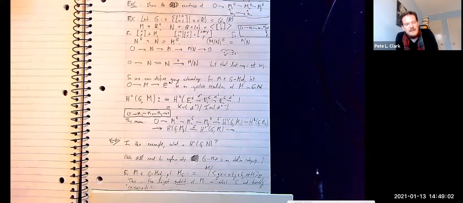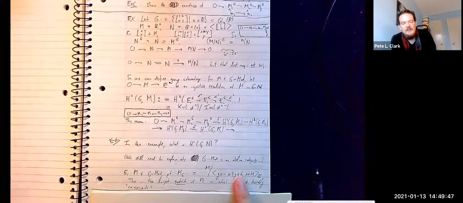Here is a different functor, still from the category of G modules to the category of Z modules. Whereas MG was the largest invariant submodule of M, we can also associate the largest invariant quotient module of M. So what is that? How do you form an invariant quotient?